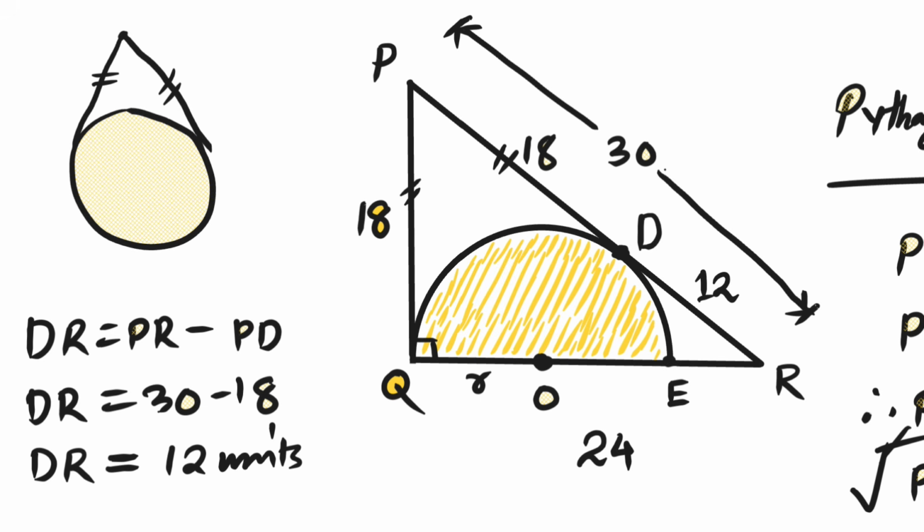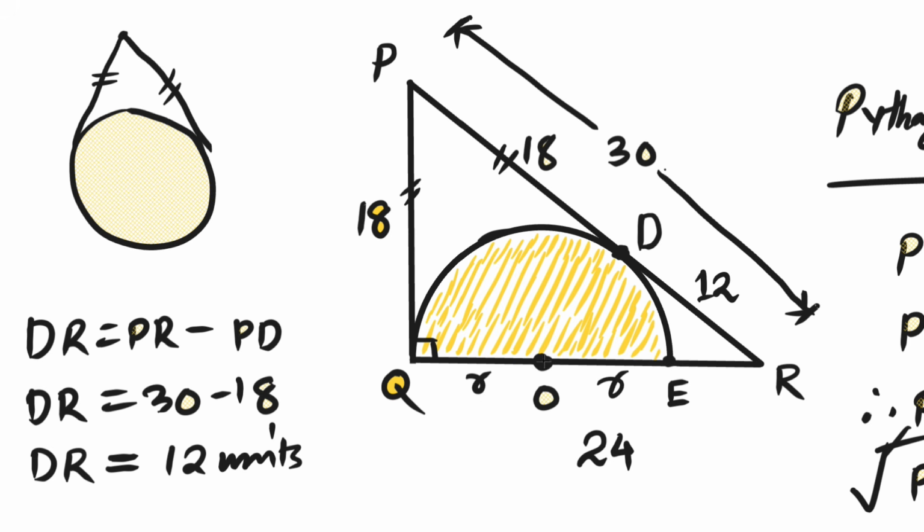But our main goal is still to find the radius of the semicircle. So let's focus on that. Since QO and OE are both radii of the same semicircle, they have equal lengths. We define the radius as r, so QO equals OE equals r. We also know that the entire segment QR is 24 units.